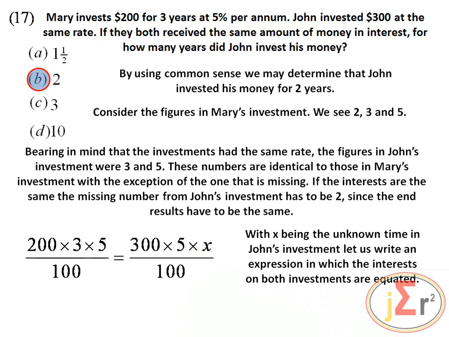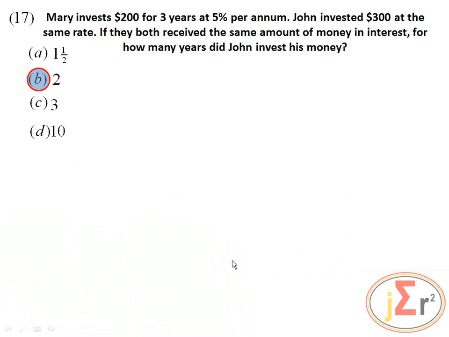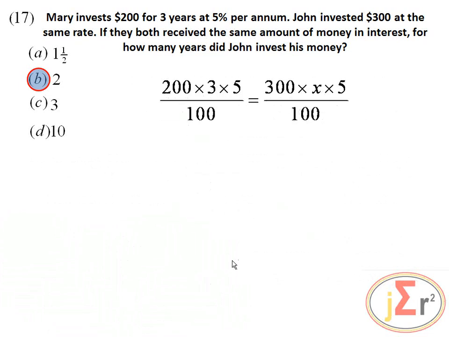So we are equating the expression that calculates the interest on Mary's investment with the expression that calculates the interest on John's investment, because both of them are equal.